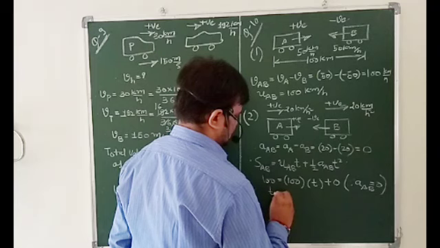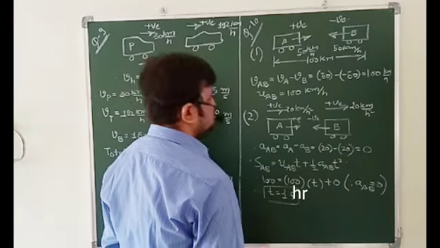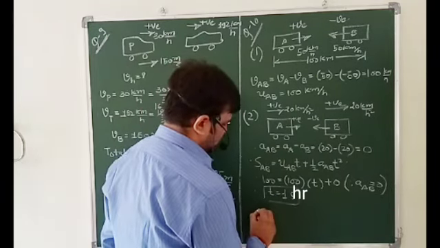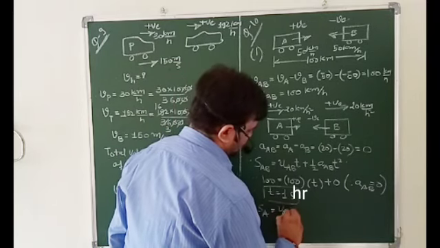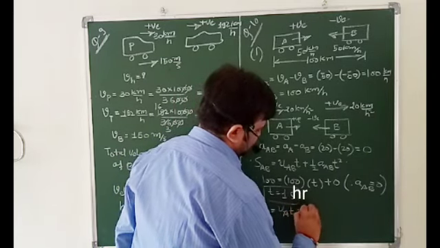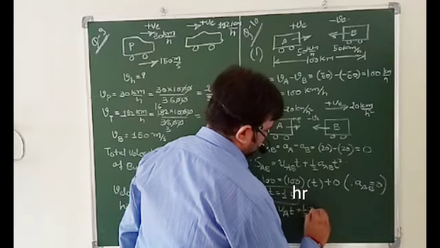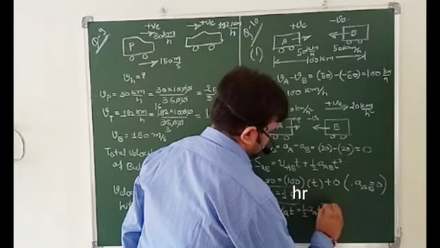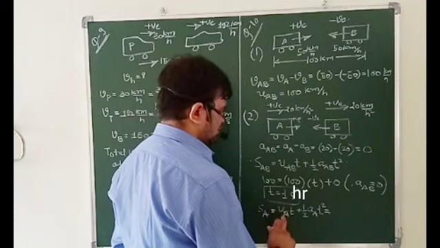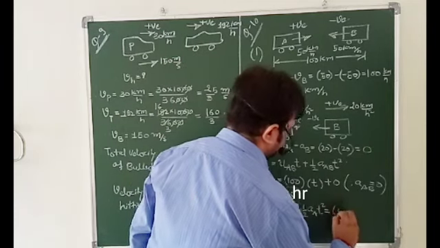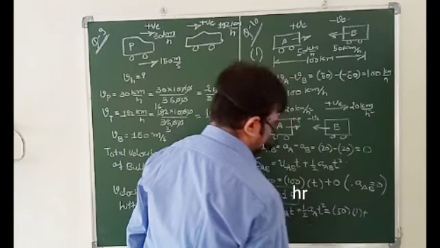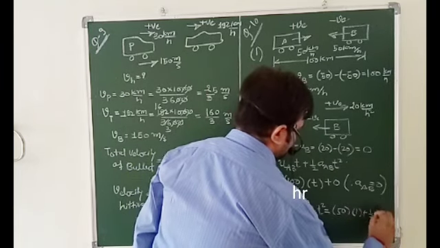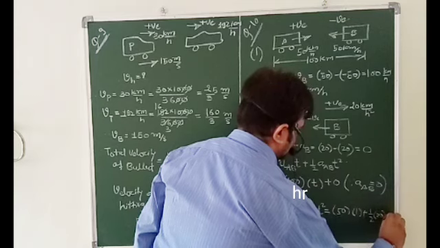So t is the time. Now the distance covered by A is UA into t plus 1 by 2 AA into t square. Here UA is 50 into t1 plus 1 by 2 into acceleration 20 into t1 square.